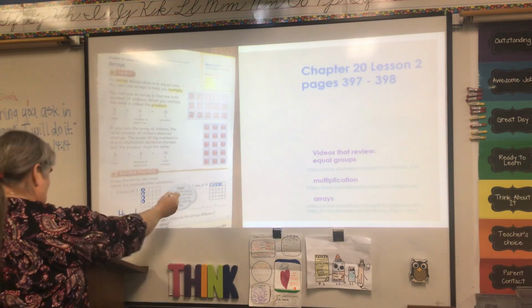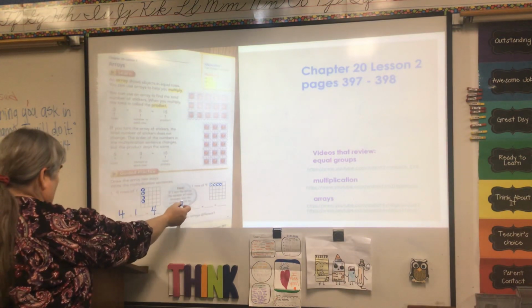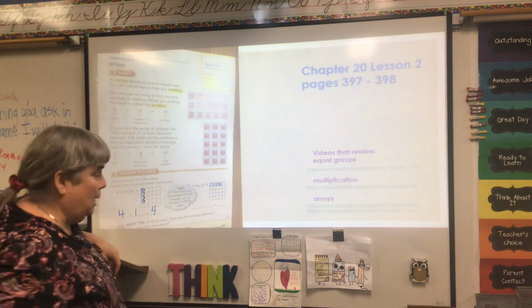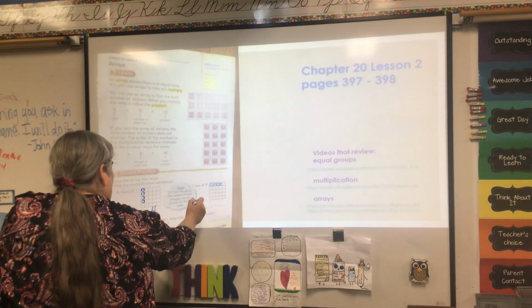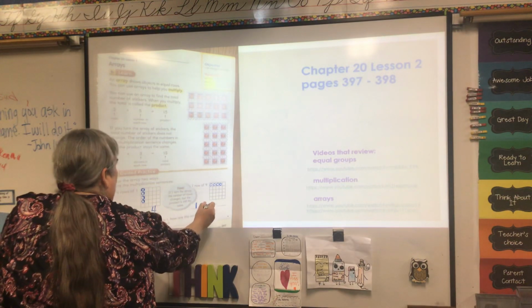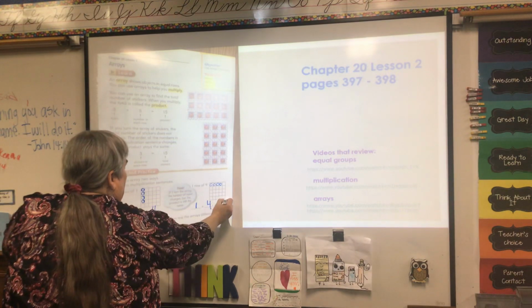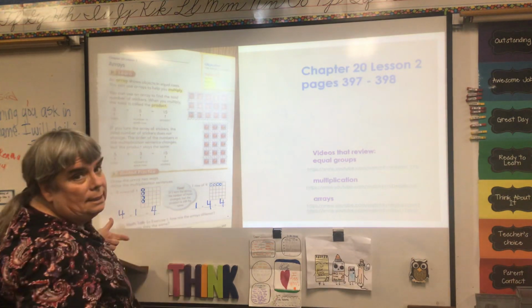You could turn it. If I turn the array, the number of rows changes, but the product, the answer, remains the same. So here I have 1 row of 4, and the answer is still 4.